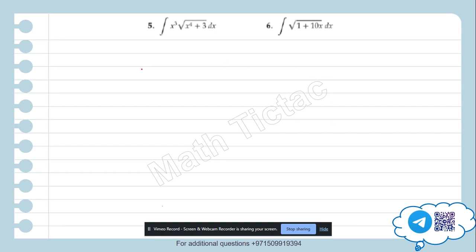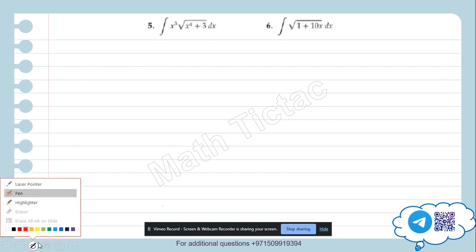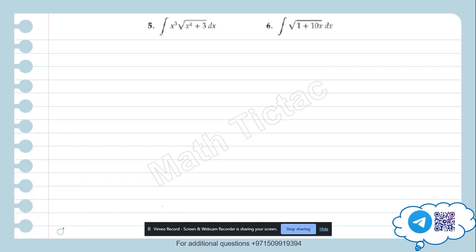So in here, for example, let's start with question 5. We have x cubed, and we have the square root of x to the power 4 plus 3. Now, the derivative of x to the power 4 plus 3 is equal to 4x cubed plus 0.